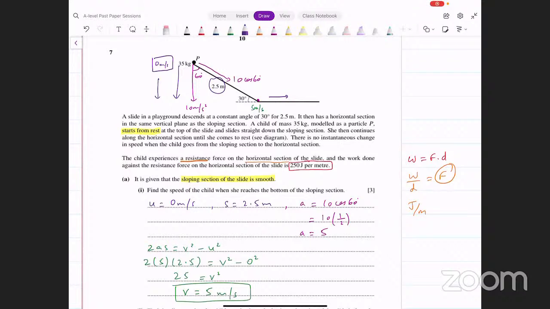Can we just try? अगर मैं उसका कंपोनेंट फाइंड कर लूँ 2.5, and then if I were to resolve it in this direction, 2.5 into cos of 60 here, so change my angle. 2.5 cos 60, ये उसका component आ गया, that's 5/4.